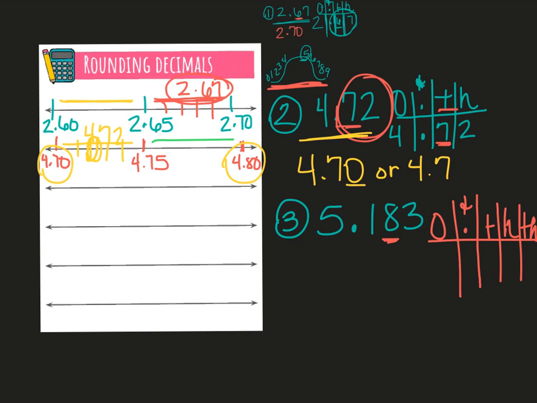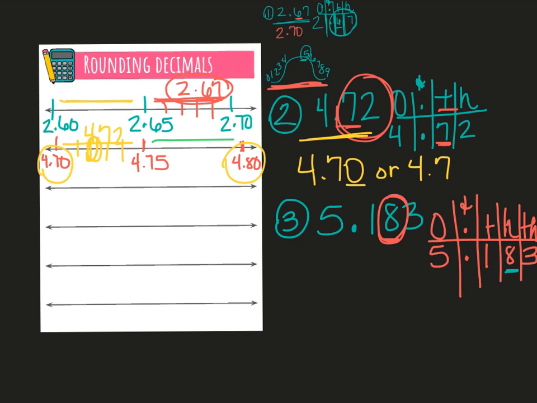So when I write my number out, I'm going to go ahead and take 5 and 183 thousandths. And remember, the reason we're using our number line is to make sure that we do know what number is in the hundredths place, which of course is going to be my number 8.